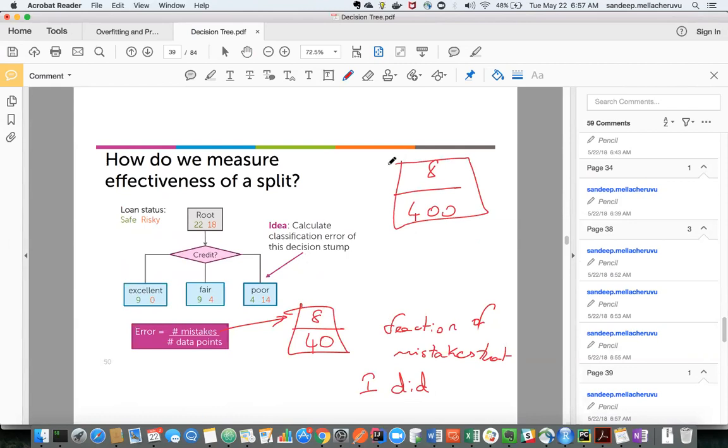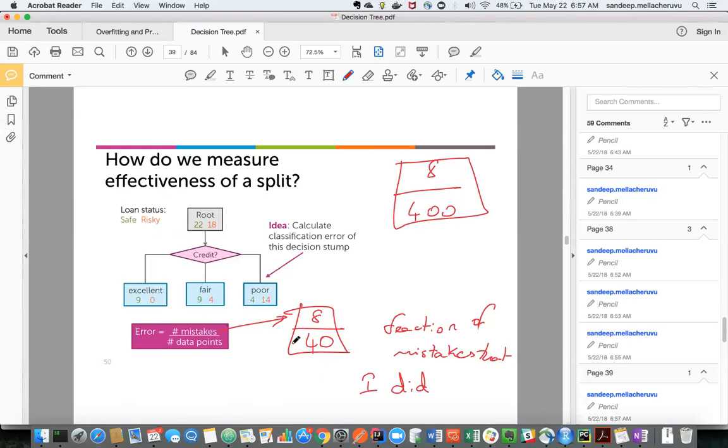So taking the number of mistakes itself is not really good. The idea is to take the number of mistakes normalized by the number of training data points that we have. Then we have an estimate of the percentage, or fraction, of mistakes I'm doing. So 8 mistakes out of 400 is much less than 8 mistakes out of 40.